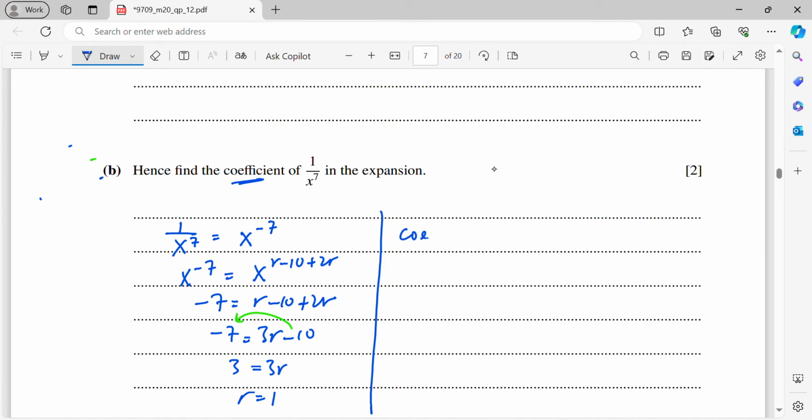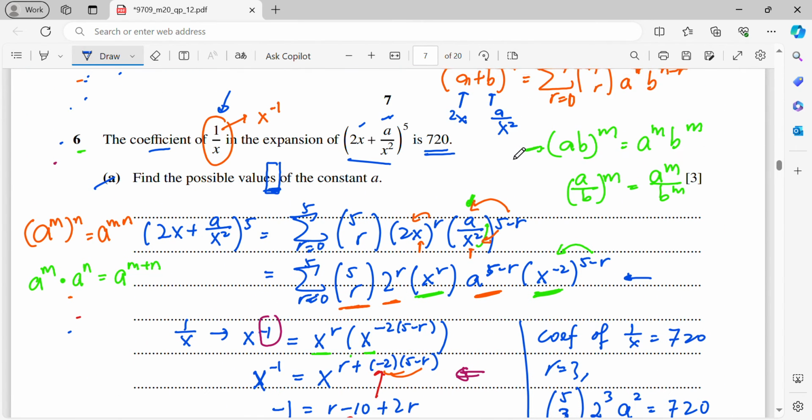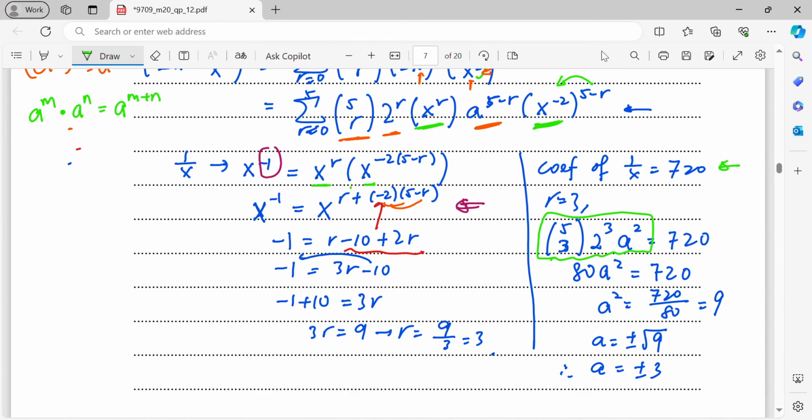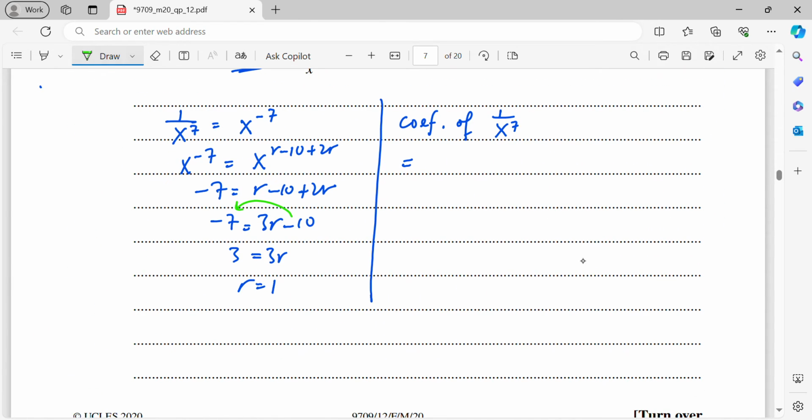So now coefficient of 1 over x degree 7, that is going to be just replaced, which is similar to this step now. Okay, so I will just replace the r accordingly. Alright, so basically it's 5cr, a to the power r, 2 to the power r, then a to the power 5 minus r. So I will just write it here. It will be 2 to the power 1.